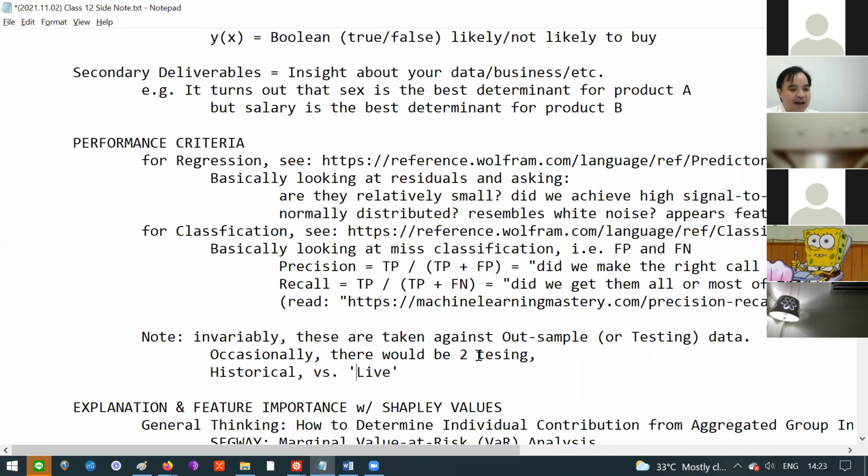Once you deliver the model to your client and the client is using it, now the clock starts. You get completely new data. This is the future now. This is the live model. Sometimes they would do this and then measure how well your model did. So this is really out of sample, way out of sample. This is out of horizon. This is the future, so real data, real future.